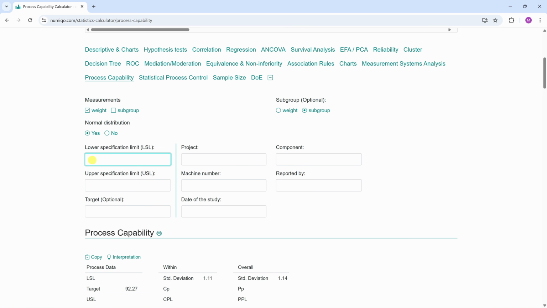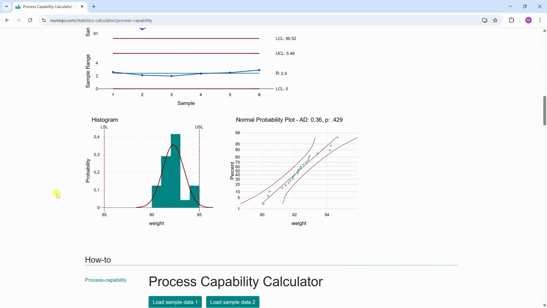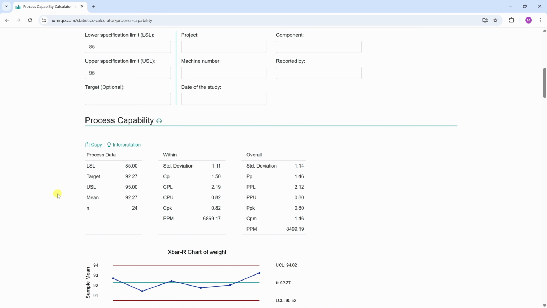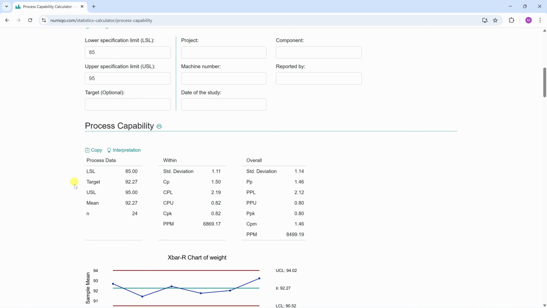Here we can enter the lower specification limit 85 and the upper specification limit 95, and then we can see the results here. There we just see the process data. Here we have the within the group data with CP and CPK, and there we have the overall data with PP and PPK.